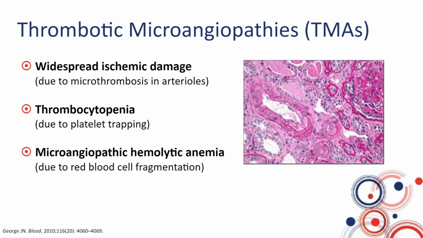And that is associated with a picture of organ damage due to the microthrombi in the very small vessels. And that could be, for example, brain or kidney or any other organ that could bring also to very severe type of symptoms and life-threatening pictures, leading to mortality in the patient.